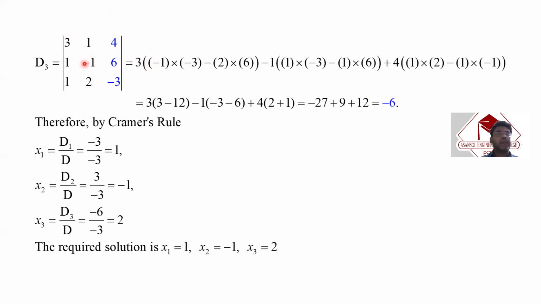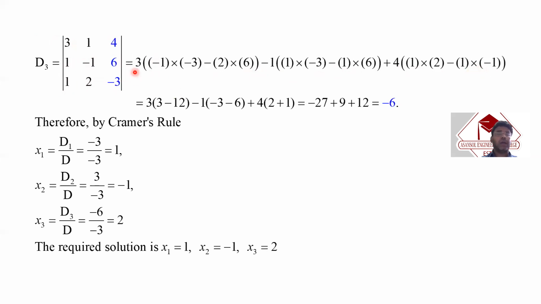3 minus 1 into minus 3 minus 2 into 6, this one, minus 1 of 1 into minus 3 minus 1 into 6, this one, plus 4 into 1 into 2 minus of 1 into minus 1, this.